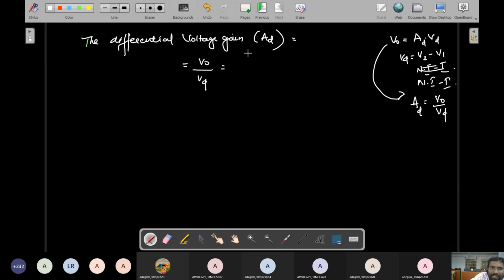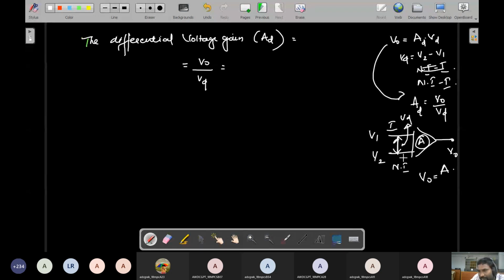You are given an operational amplifier like this: the inverting terminal voltage is V1, the non-inverting terminal voltage is V2, and the output is V0. The gain of the amplifier is capital A, so V0 is equal to the gain times the difference of these two voltages. The difference of voltage is represented by VD.